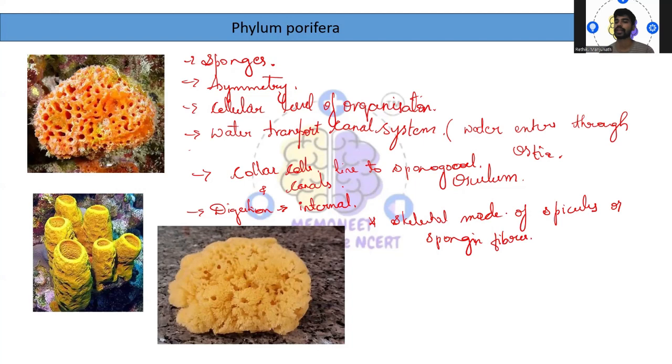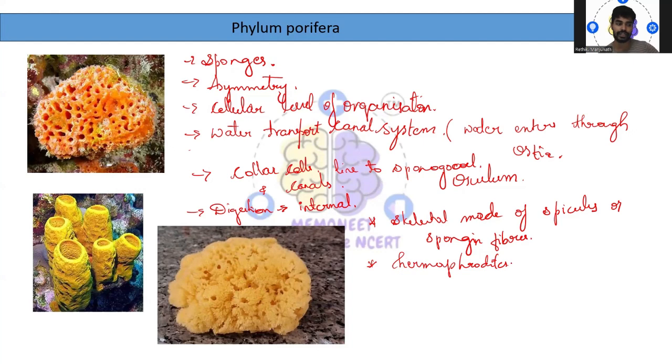So the skeleton is made up of spicules or spongin fibers. And coming to their sexes, they are not separated. So what kind of thing can we see? Hermaphrodites. That means they are hermaphrodites in nature. So this is about the phylum Porifera.